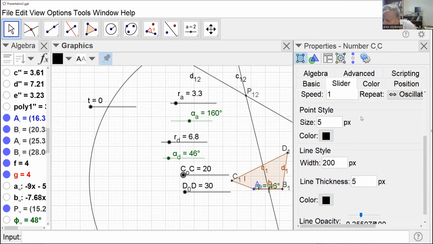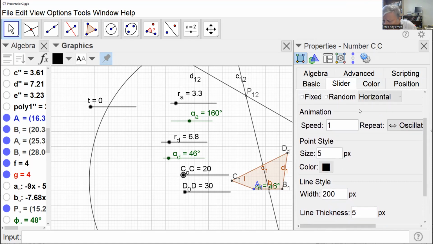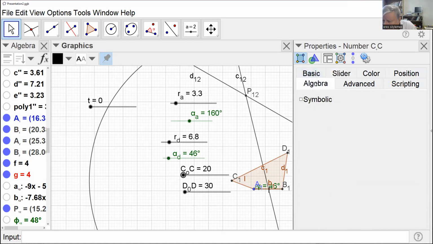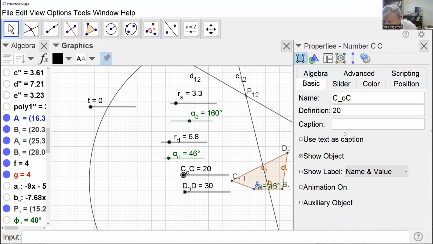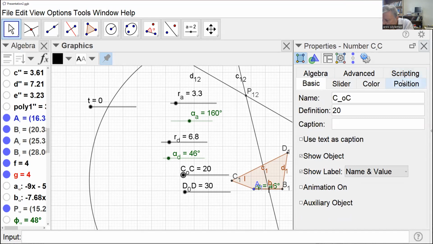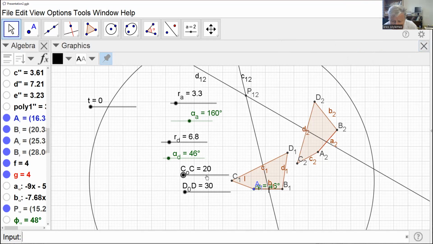I know I was able to change the limits, but now I can't see it.